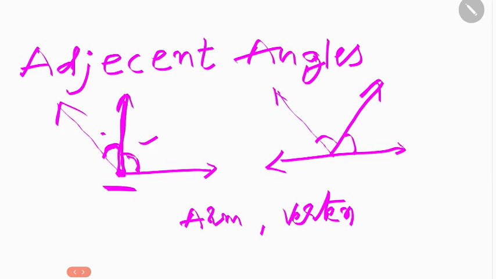Then these two angles are called adjacent angles. And coming here, this angle and this angle, these two are adjacent because they have a common vertex and common arm, and this one and this one, these two are adjacent, we can say. But this angle and this angle, these two are not adjacent.